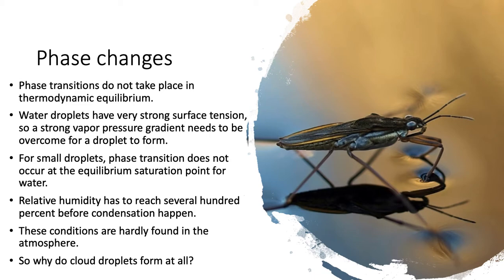And actually, what is interesting is that water droplets have a really strong surface tension. And this surface tension essentially keeps the droplets together, if you will, right? It forms the droplet.